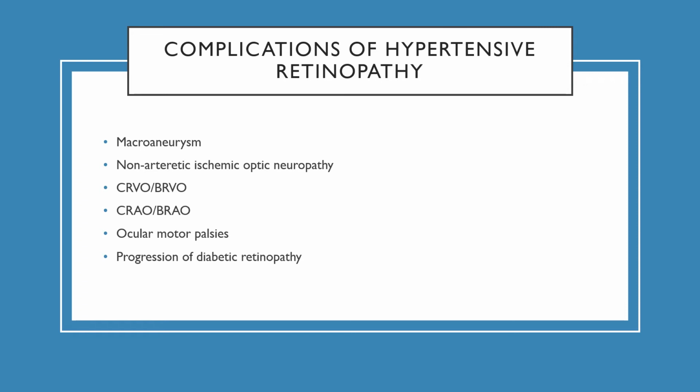Macroaneurysms can commonly be seen, as well as non-arteritic ischemic optic neuropathy, a condition which will require further research, as it is not within the scope of this lecture. Finally, oculomotor palsies such as cranial nerve 3, 4 and 6 with their various presentations can also be seen.